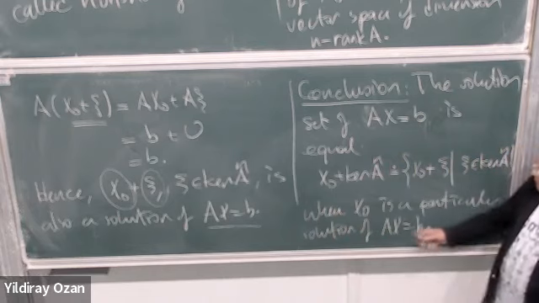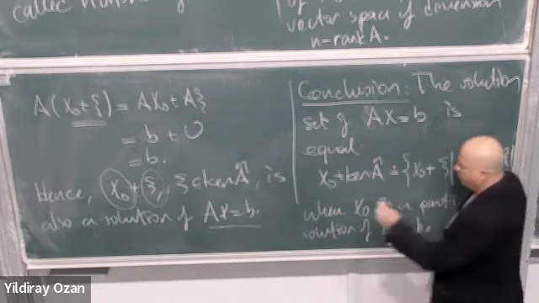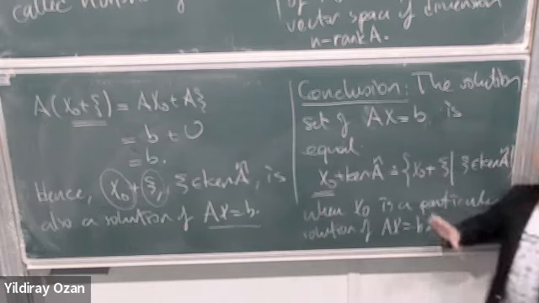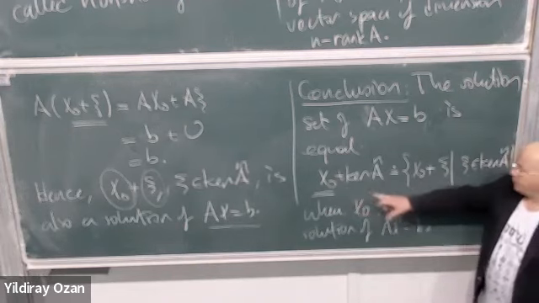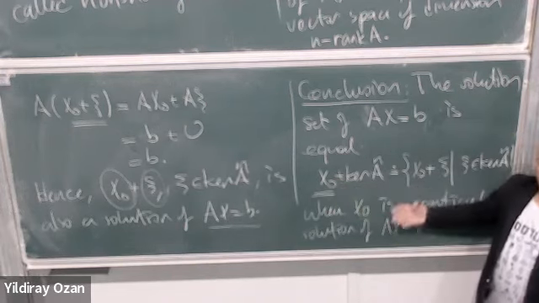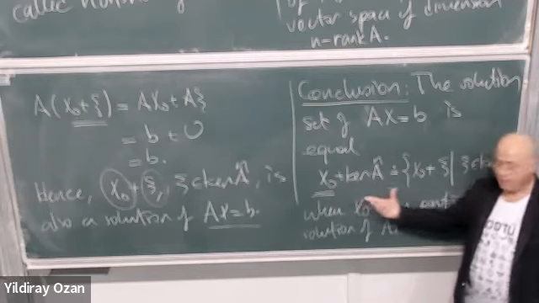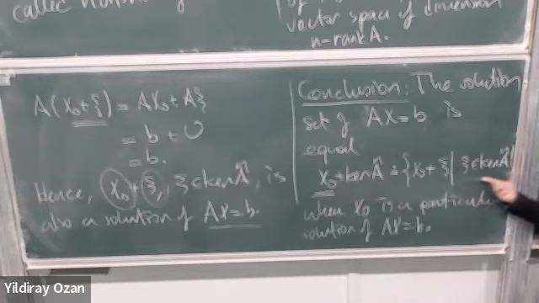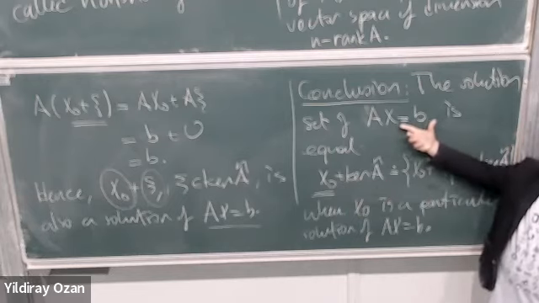So you just find one solution of this equation. It doesn't matter which one, okay? Just find one solution. And then to this vector, add all the vectors in the kernel. So you get this set. This is the solution set of this equation.